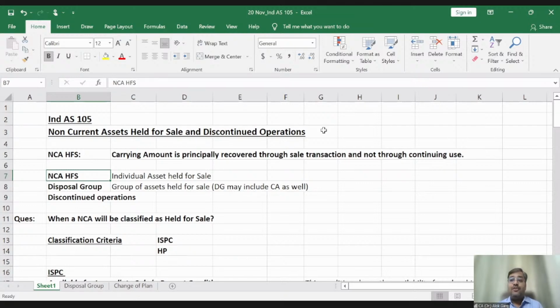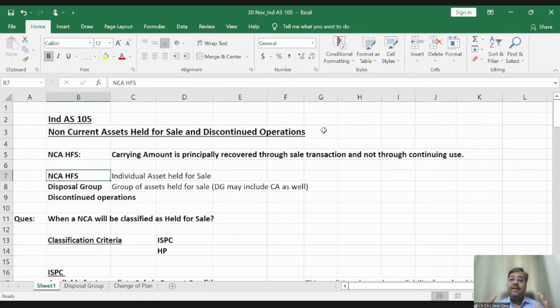And if the entity wants to sell these items, then it will move out of their basic standard. It will move out of Ind AS 16, Ind AS 38, Ind AS 40, Ind AS 41, right?